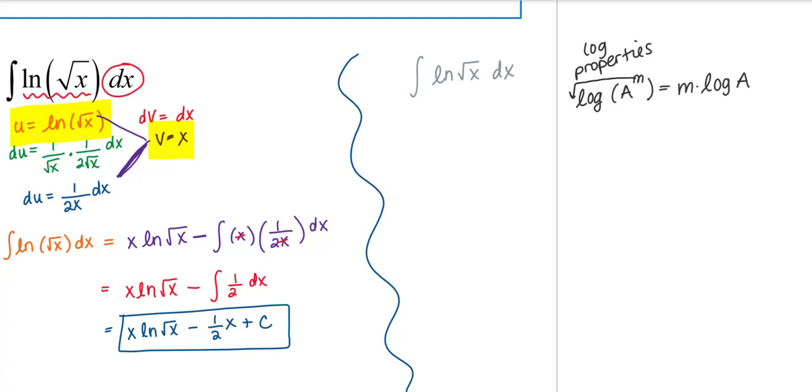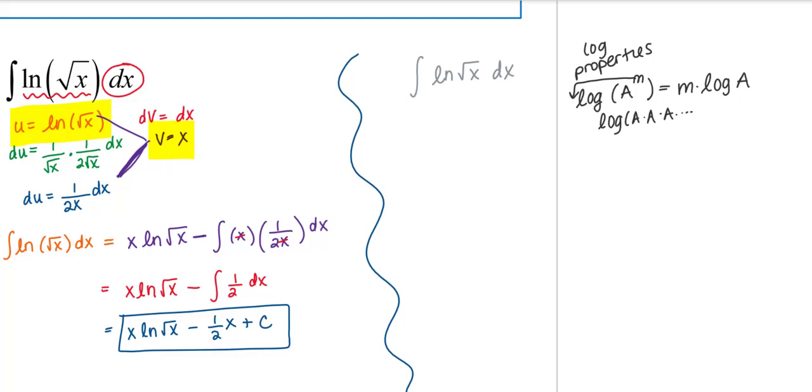That exponent came down in front, and that's because you're repeatedly multiplying by a. So this is log of a times a times a times a, m times, and the multiplication turned into the addition of 2 logs because, again, a logarithm equals an exponent. So your exponent rules are very similar to your log rules.